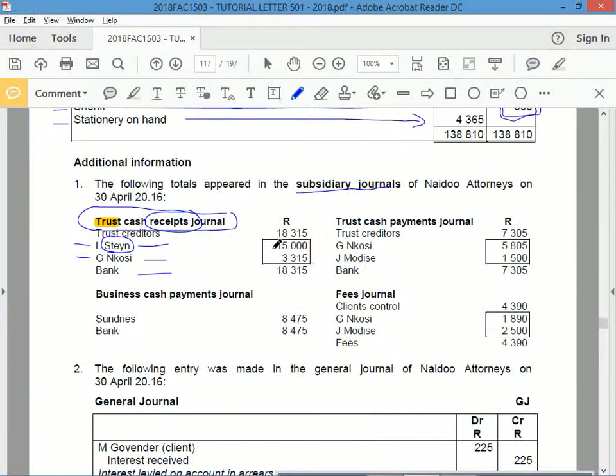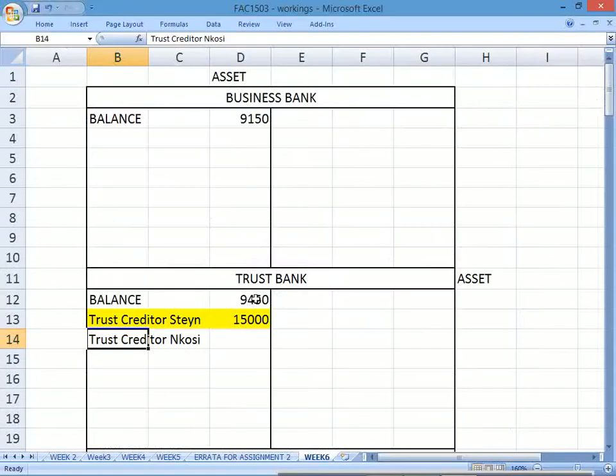Okay, so I've done that. I can cross it off or I can tick it. And Corsi has 3315. So 3315 is going to increase the bank. And I'm going to owe Nkosi more, so their liability is going to go up. The asset's going to go up, the liability is going to go up.